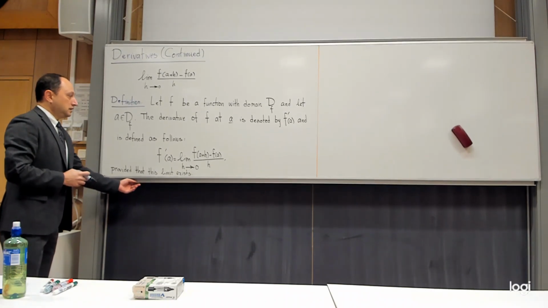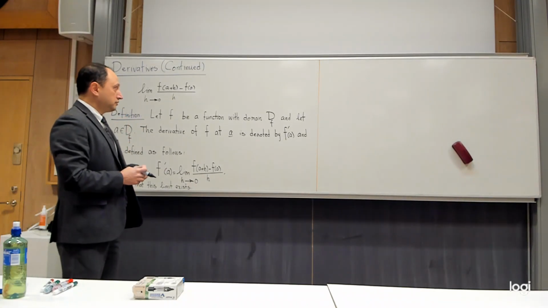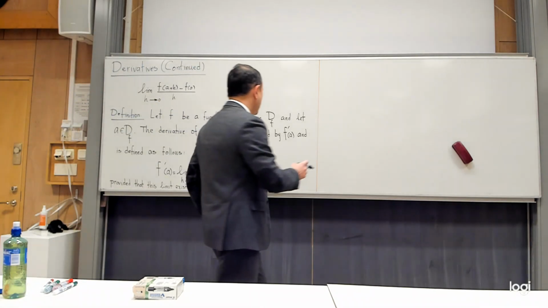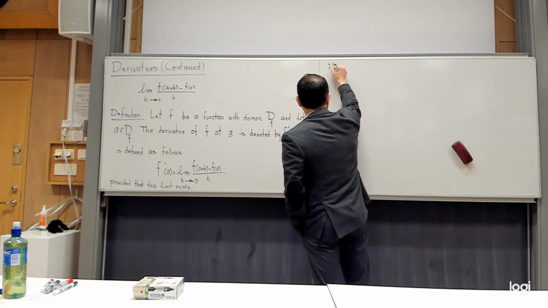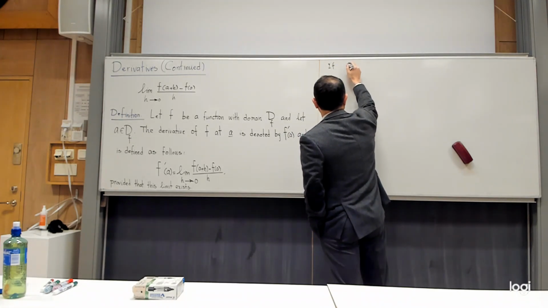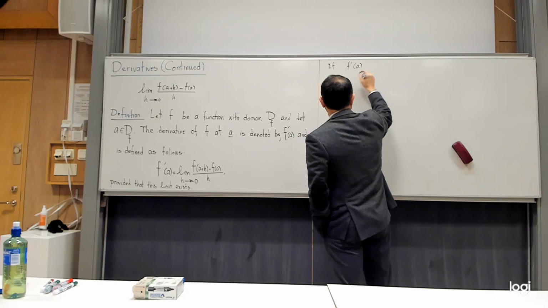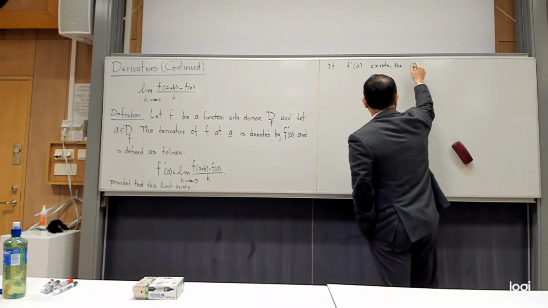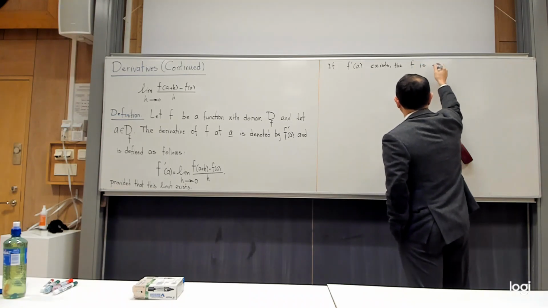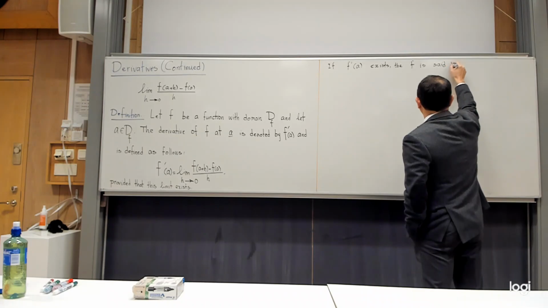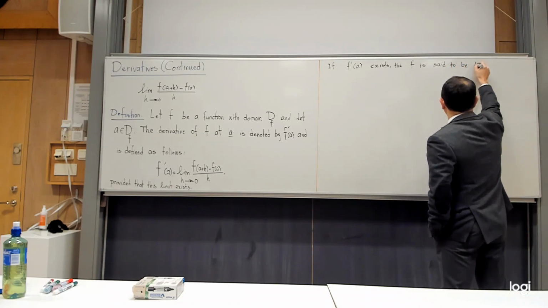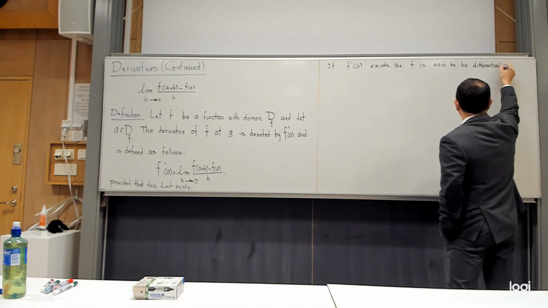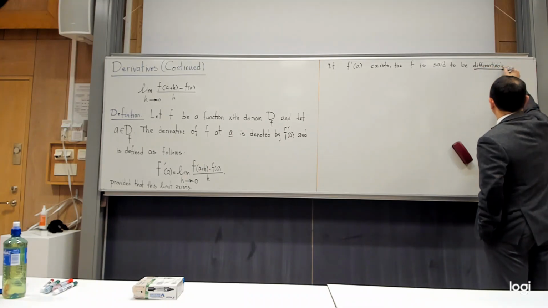The word that I want to use here, I haven't seen in Swedish books, but this is the English term for that. So you need to say that if f prime of a exists, then f is said to be differentiable at a.